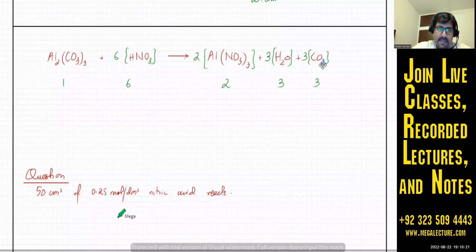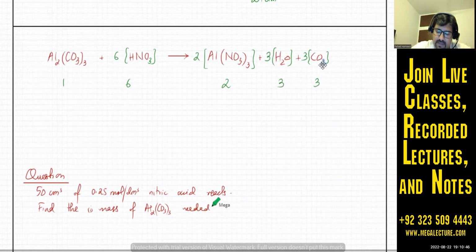So find out the mass of aluminium carbonate that is used up. So number one, make sure you have your calculators with you. Find the mass of aluminium carbonate that is needed for this reaction. And the second part is find the volume of carbon dioxide that is produced.